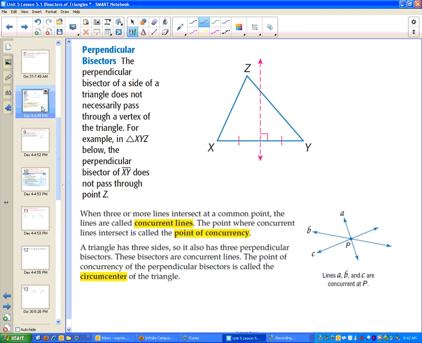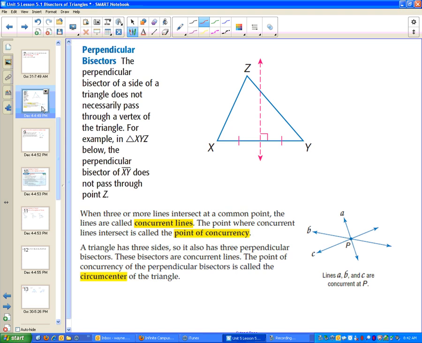Now, that's the way it works in an isosceles triangle. But the perpendicular bisector of a side of a triangle does not necessarily pass through a vertex of the triangle. And in fact, if it's not isosceles or equilateral, it won't. So if it's not isosceles or equilateral, the perpendicular bisector of one side of a triangle will not pass through a vertex.